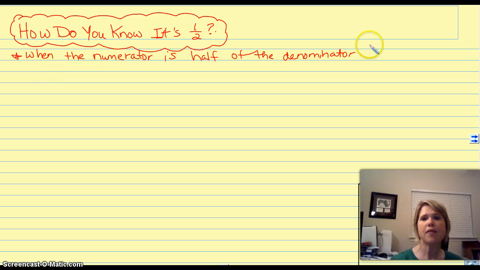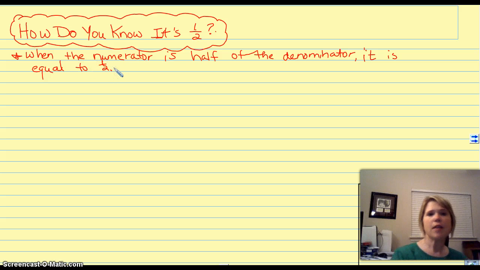When the numerator is half of the denominator, it is equal to 1/2. Okay, so if we were going to give some examples, we could just make sure that the numerator is half of the denominator, right?